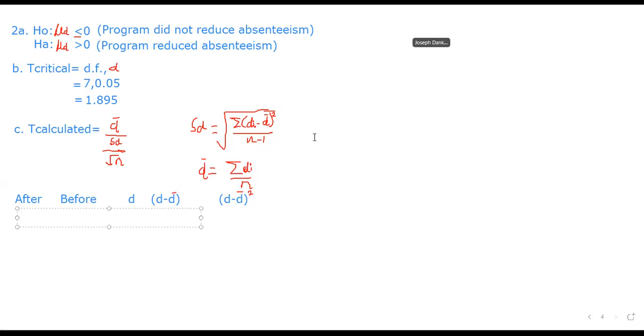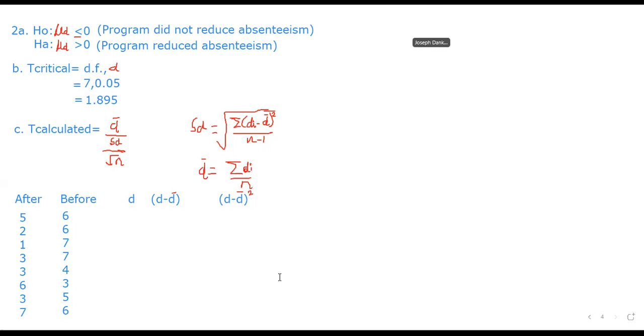So the after I start with 5, 2, 1, 3, 6, 3, 7. And before we have 6, 6, 7, 7, 4, 3, 5, 6.